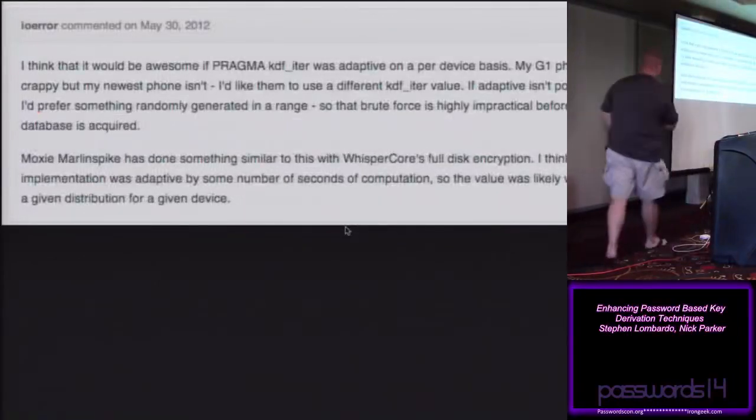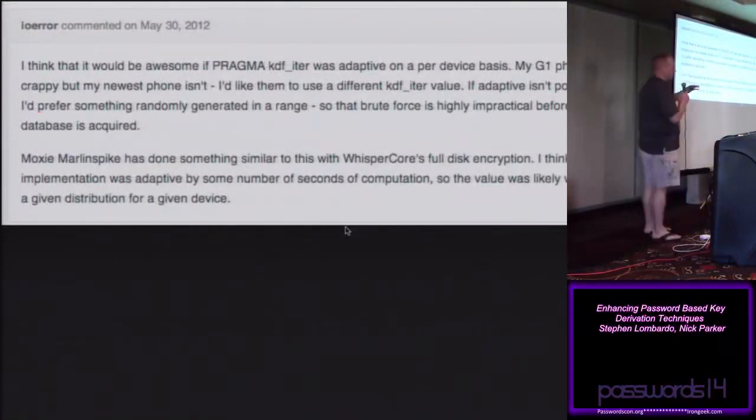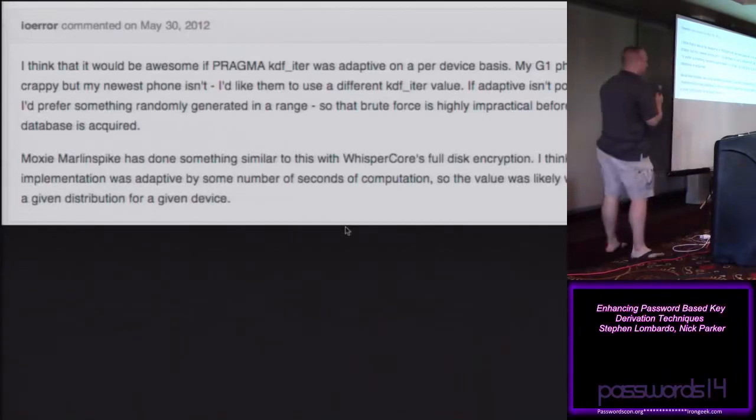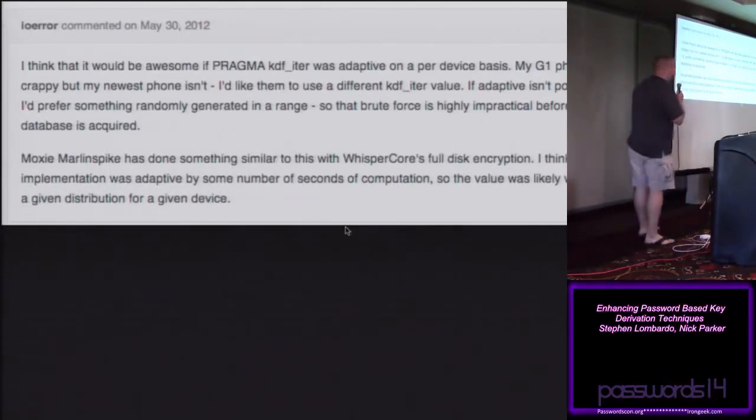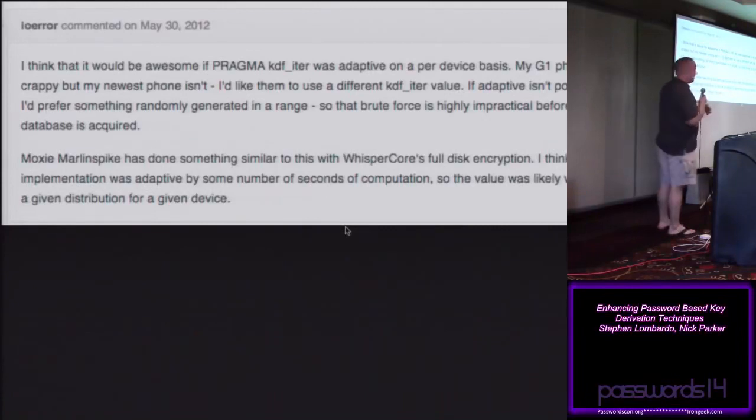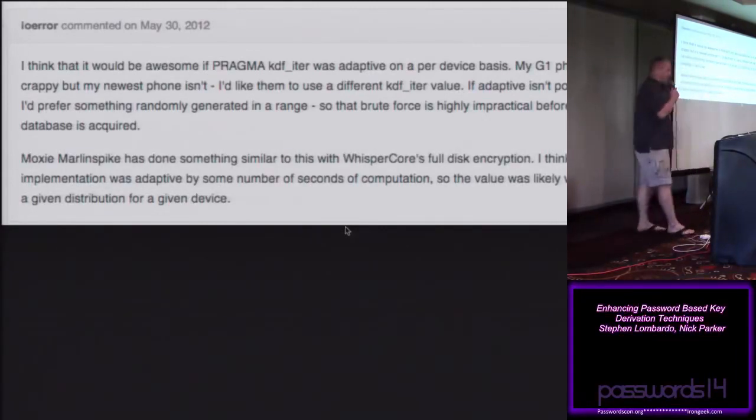So this story goes back a couple of years. Two years ago, I was down in Brazil, and I had a conversation with Jacob Appelbaum. We were talking about SQL Cipher, and he mentioned that, hey, I've got an Android G1. It's a fairly old device.